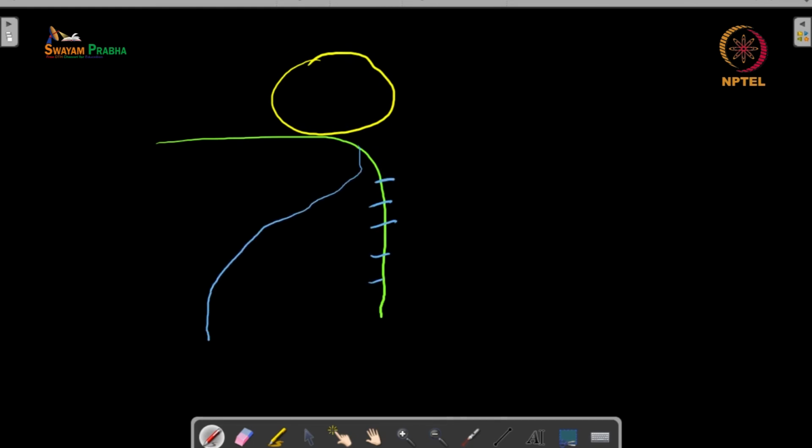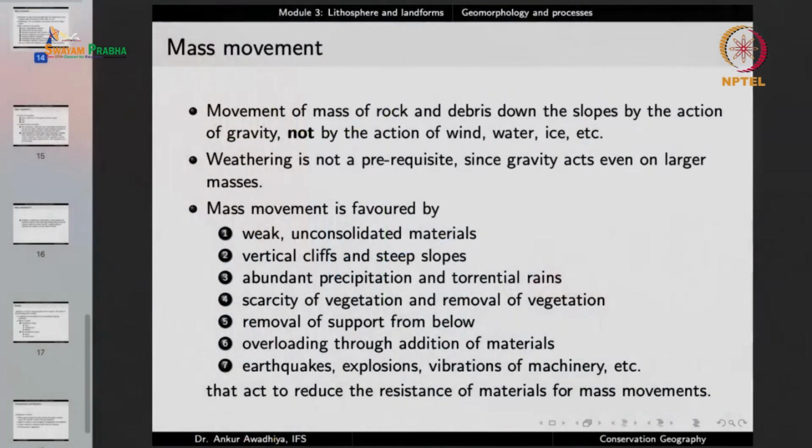So this portion is now gone, because probably there is a river that is flowing here and it is eroding away the soil that is at the bottom. So in this case, now the support is gone, and so there will be a crack sort of a situation here, and this whole material will come down. So in this case, the removal of support from below is also aiding mass movement.